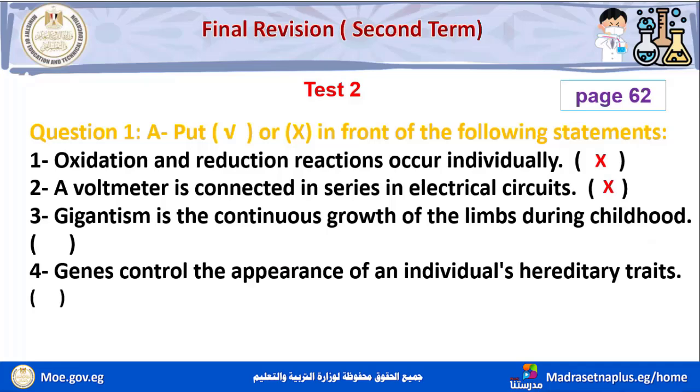False. Gigantism is the continuous growth of the limbs during childhood. True. Number 4, genes control the appearance of an individual's hereditary traits. True.